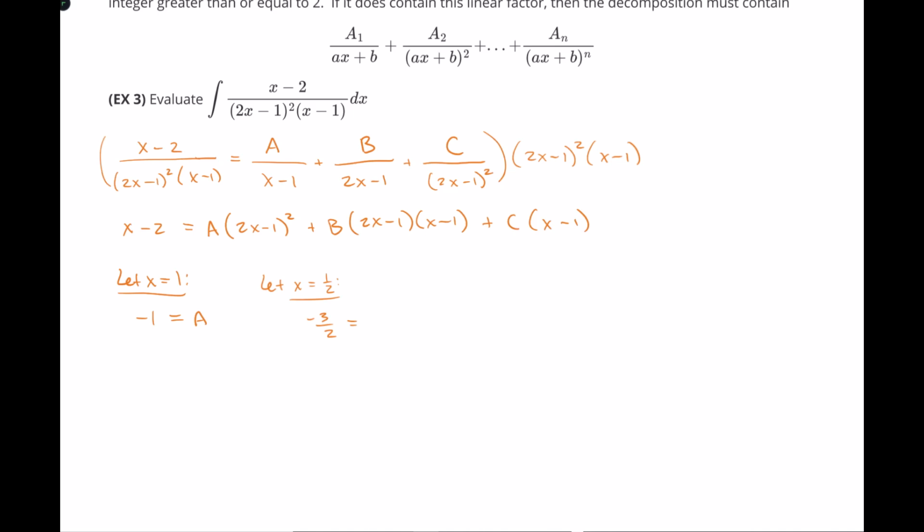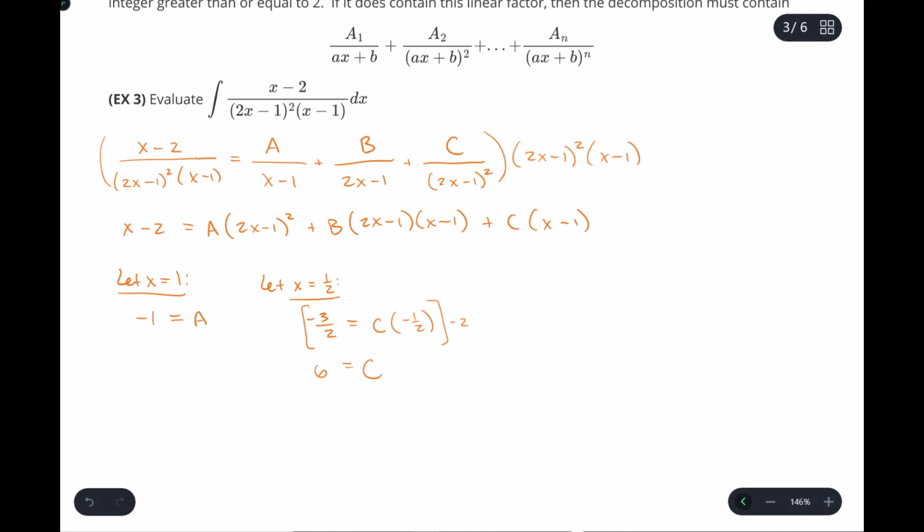It would also make the term with b go to 0. And I would end up with c times 1/2 minus 1, which is negative 1/2. Solving this, I could multiply everything through by negative 2. So that would be c equals positive 6.